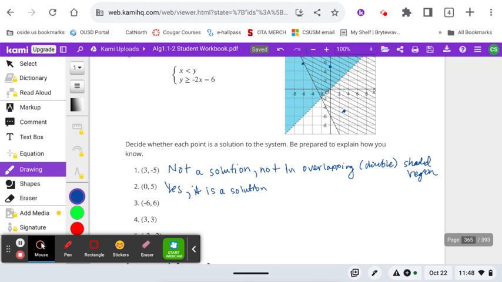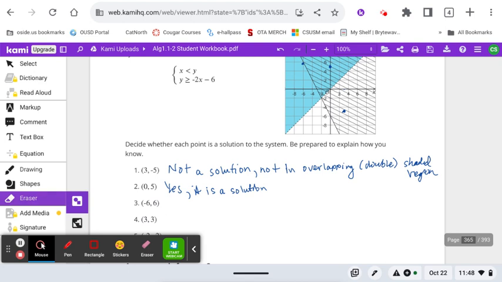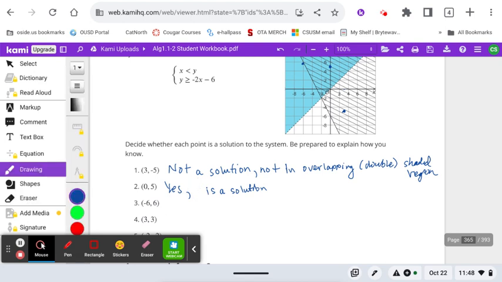And as you know, the solid line means that that point is also a solution to the system. But some students in class were confused on if it's on that one solid line, is it a solution to the whole system? So again, if it's not obvious in the overlap region, if you have a question on it, I always recommend you go back to the algebra of plugging in this point to both and seeing if it gives you a true statement.